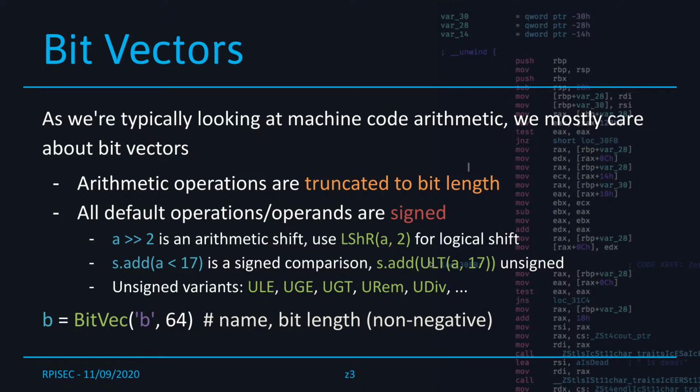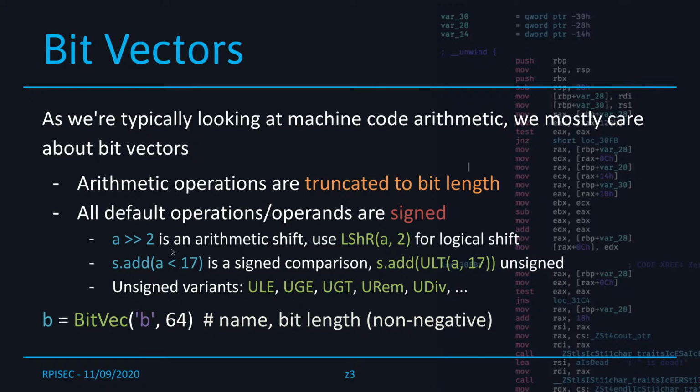They're just a little bit messier. So if you remember, we talked about how Z3 overrode some Python operators. That less than and greater than sign is one of those. However, it will default to a signed comparison, and we need to use ULT to do, for example, an unsigned less than operation.